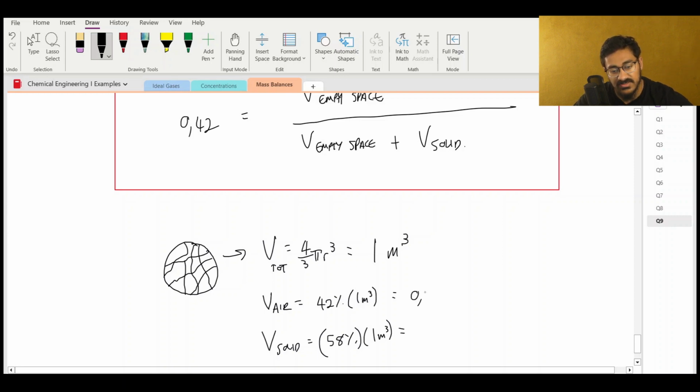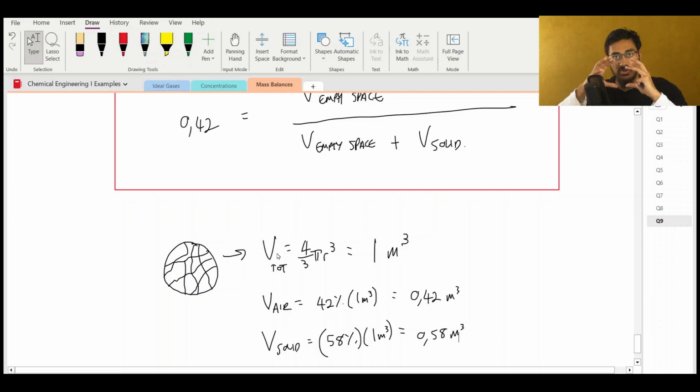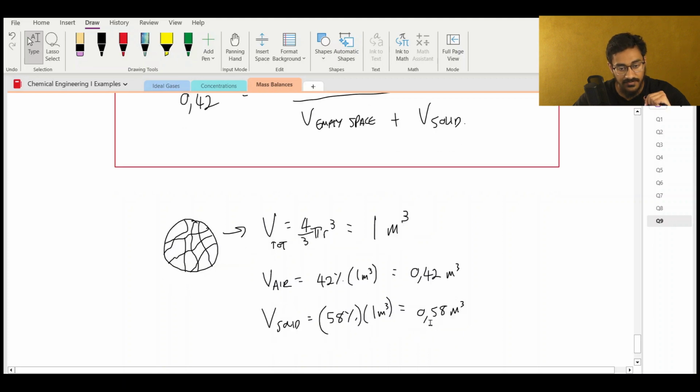And this is 0.42 cubic meters and 0.58 cubic meters. I think this is the best way to explain it. So can you see how I'm occupying a total volume of 1 cubic meter? But of that volume, a lot of it is just air spaces. That is defined as the porosity. And then the inverse of porosity, or 1 minus the porosity, there is a term for it, but I cannot remember what it is. And that will be the volume occupied by your solid.